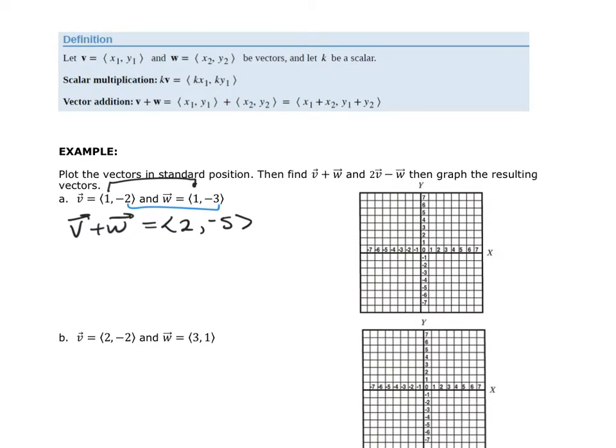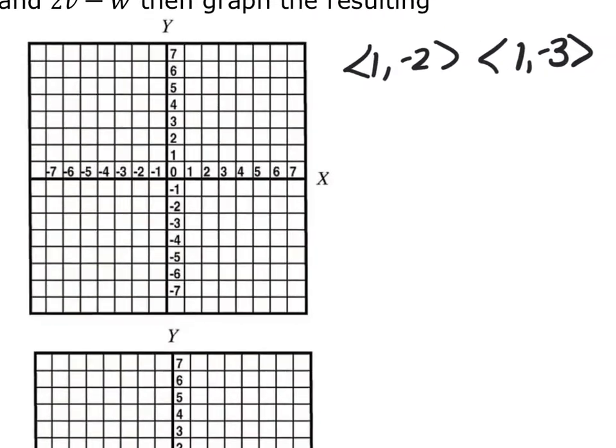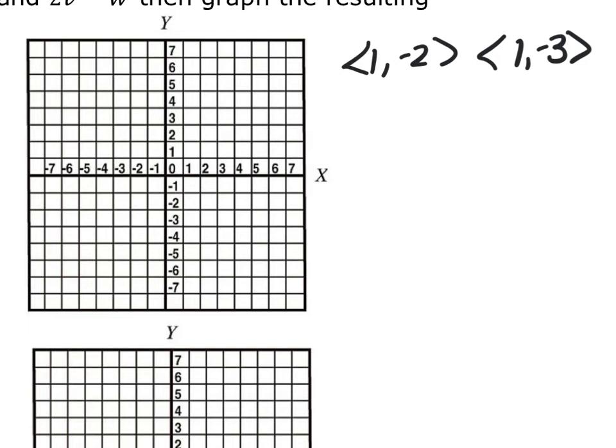Now, I'm just going to rewrite these over here so I can see them and I don't have to keep scrolling back, because I want to zoom in on my graph here. Okay, so let's zoom in on the graph. We're going to start with what we'll call my v vector. I'm going to go over 1 and down 2.